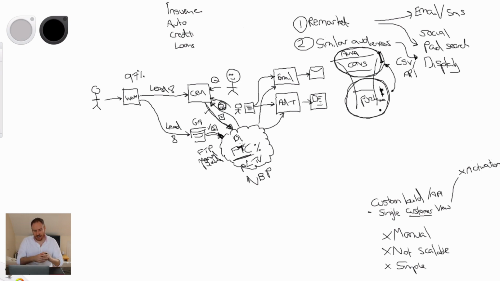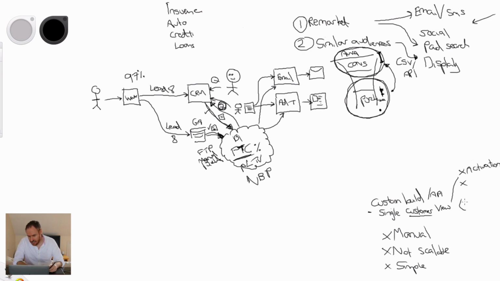They often forget about how they're going to get that data out of that system into the activation channels. And by activation channels, I mean these guys up here. So not only are we missing out on potentially anonymous people, but we're not building the pipes to activate.